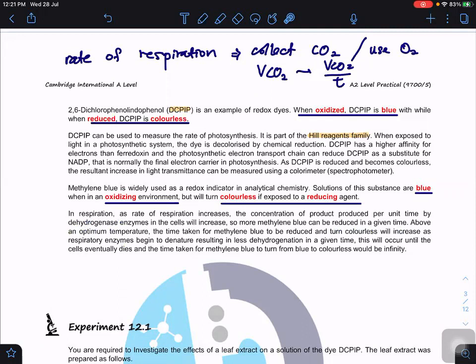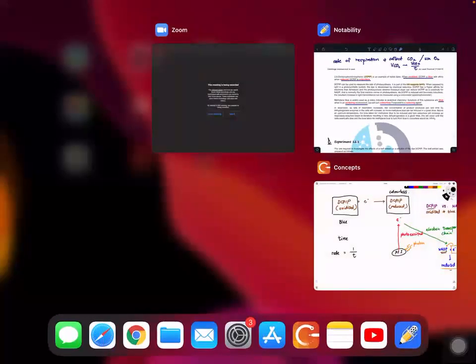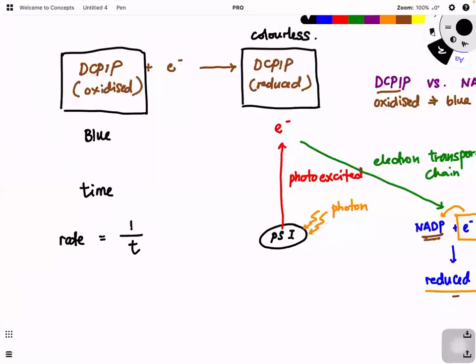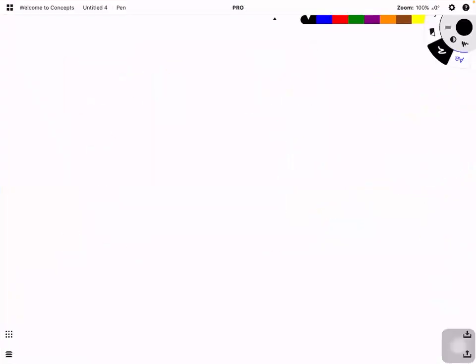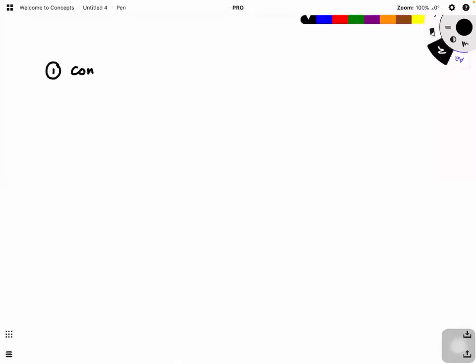So one thing that we need to be careful about. Let me show you something. In order to perform this experiment, first, as usual, we need to set up a control.